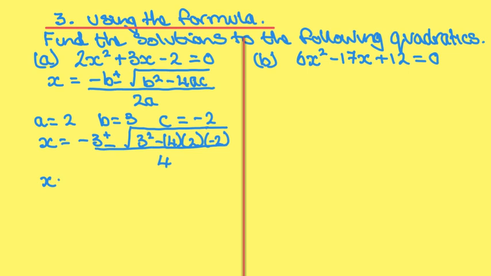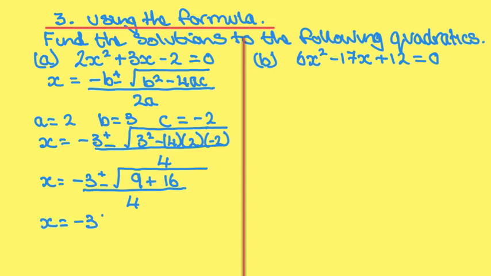So x is equal to minus 3 plus or minus the square root of 9 minus, well, a minus and a minus will make a plus, so 9 plus 4 times 4, which is 16, all over 4. So we get x is equal to minus 3 plus or minus the square root of 25, which is 5, all over 4.